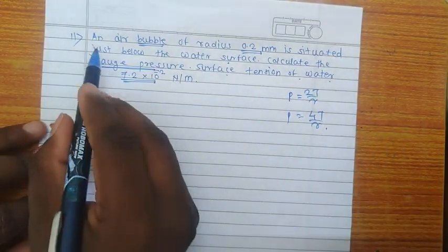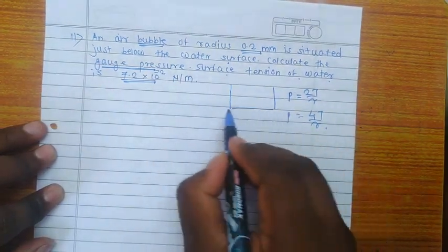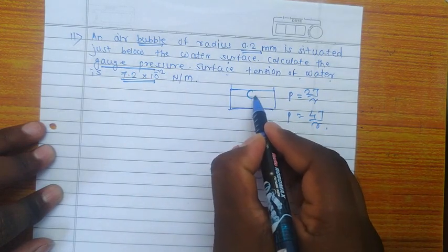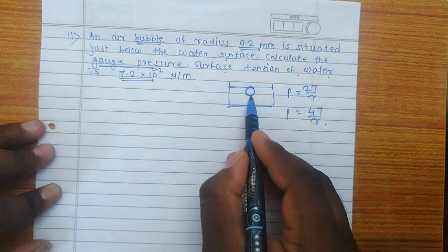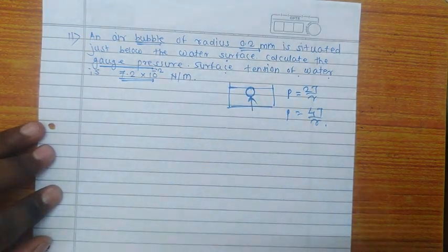But what is given in this question is that the air bubble is situated just below the water surface. So my question is, how many free surfaces are there? How many surfaces are in contact with the air?